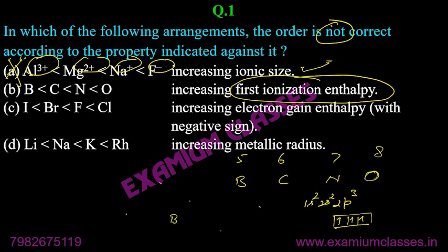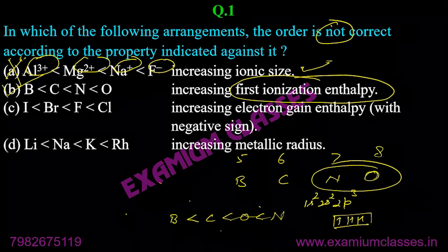So the trend is not BCNO, rather it is BCON. These two swap their positions. Nitrogen requires more energy than oxygen due to its stable configuration. So because this trend is wrong, this is the correct answer.